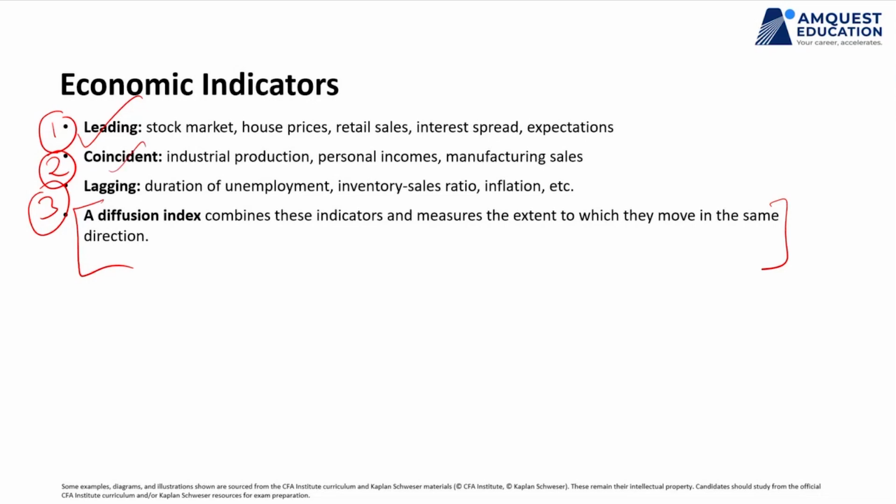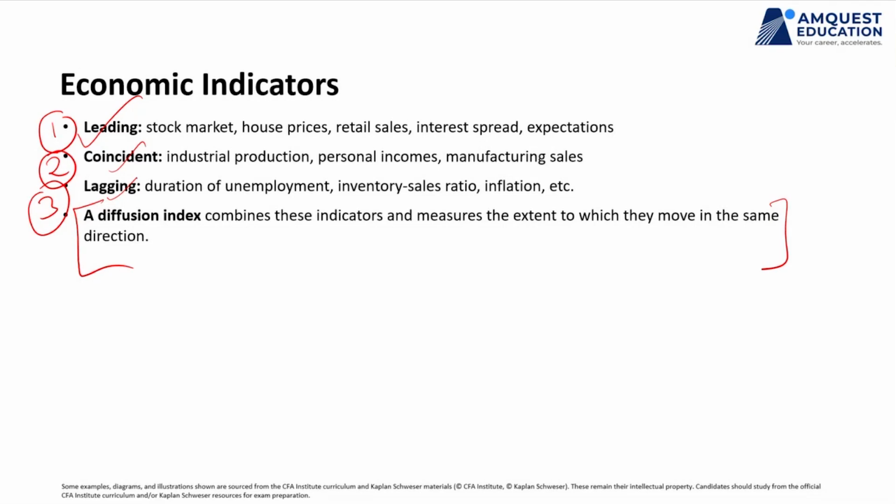This indicator will help you understand whether we are already in a recession, expansion or contraction. And a lagging indicator helps to understand where the economy has come from. If the indicator is positive, then it shows that it has come from a recession and is now probably going towards recovery. So each indicator gives you a different idea.